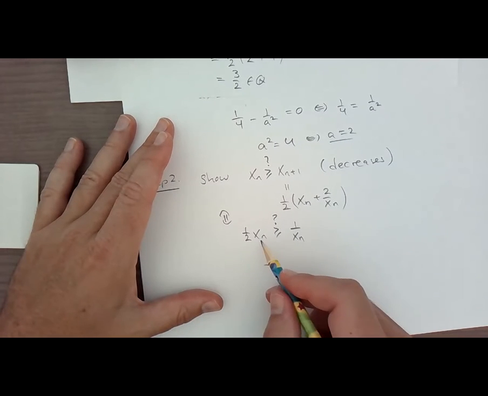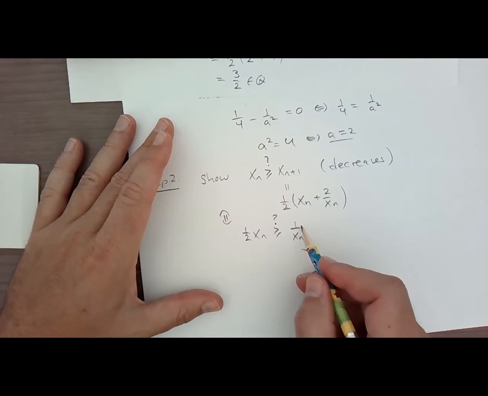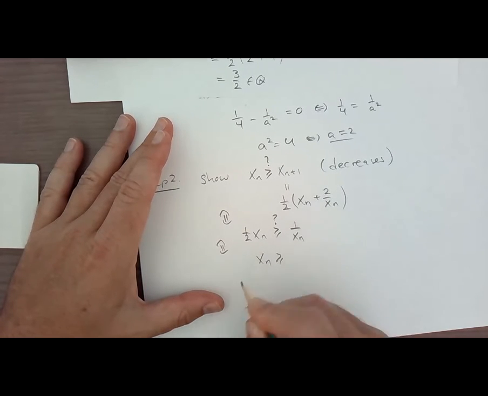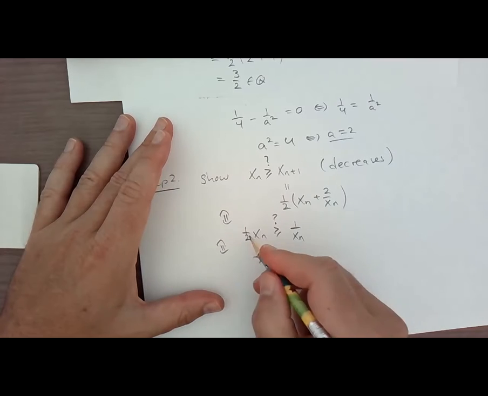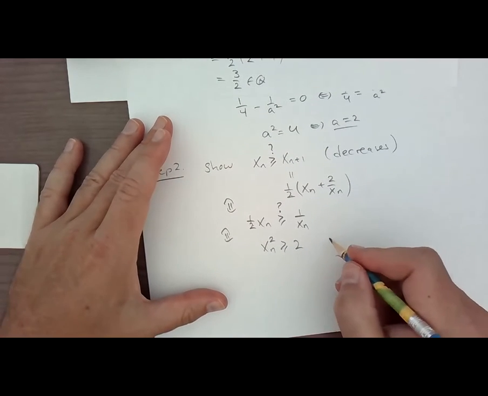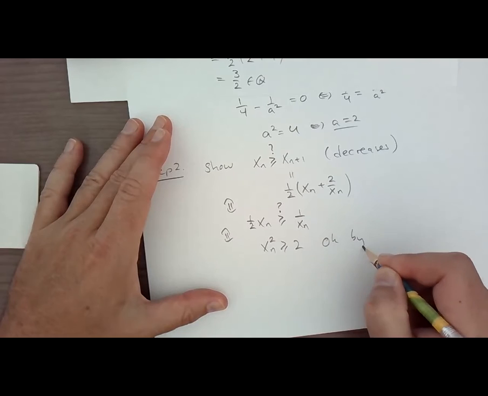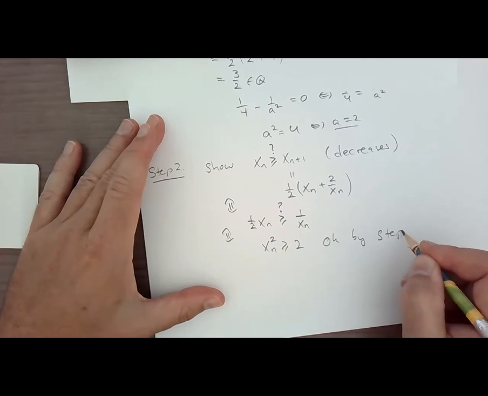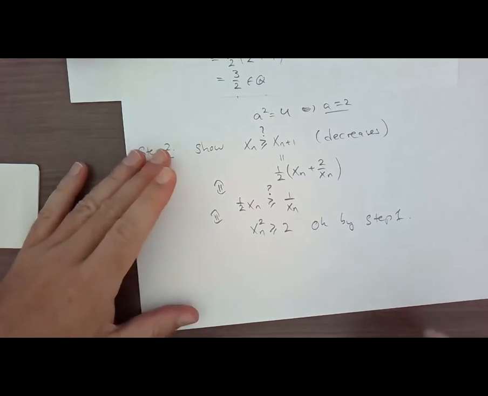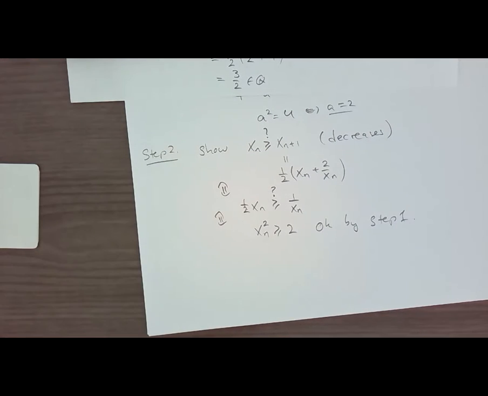Well, let's have a look. If I multiply through with 2, this is the same thing as saying that xn, I'll move that over, so I get a square. I'll move 2 over there, so I'll get a 2. And this is true. This is okay by the first step. So I have monotonicity. As soon as I have monotonicity, I know that I converge.